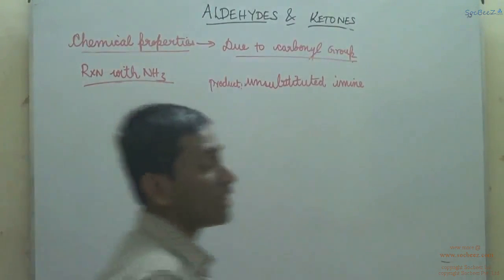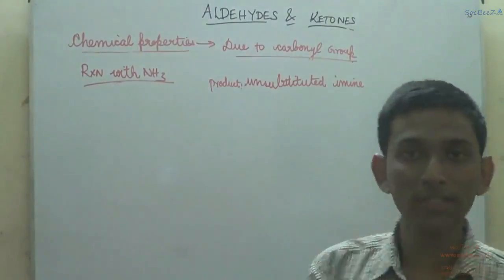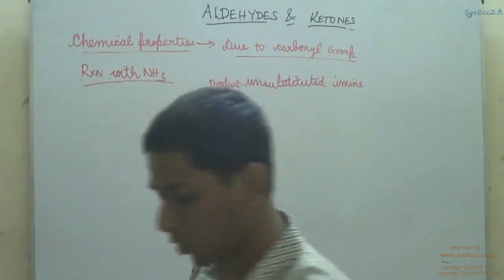The problem is that the unsubstituted imines of aldehydes are so unstable that they polymerize to form different polymers.